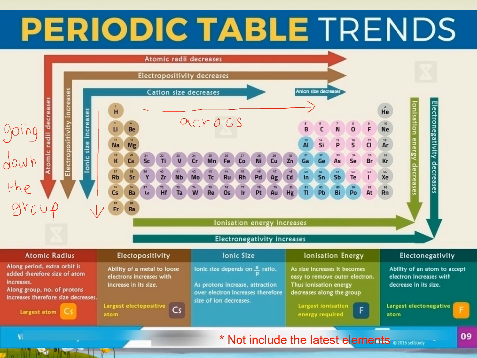So these two terms are going to be used in this lesson. You have to know what the trends are for across the period, and also what the trends are for going down the group.